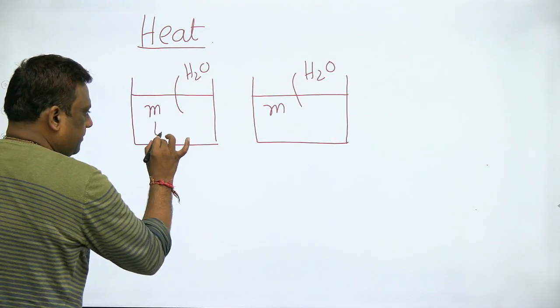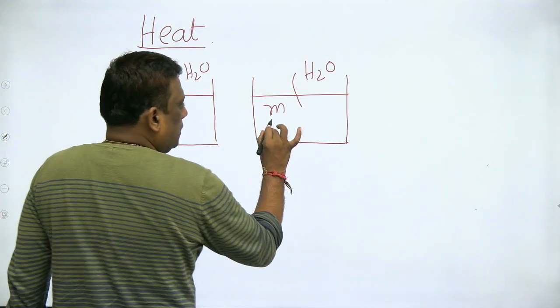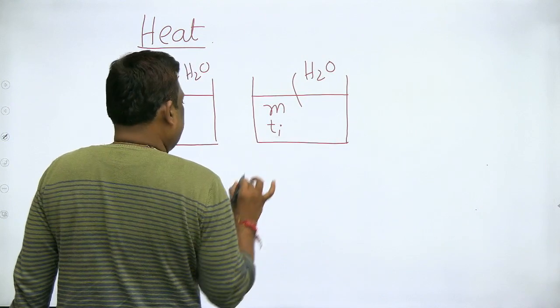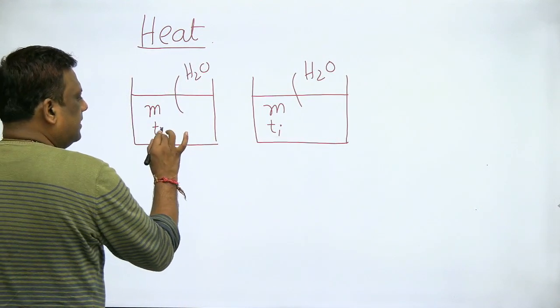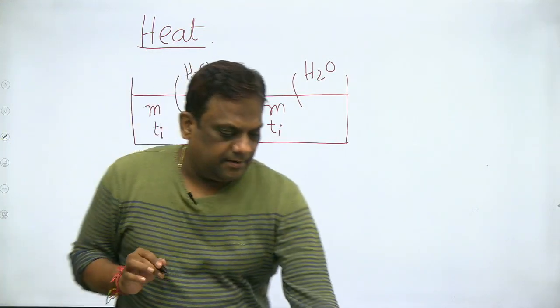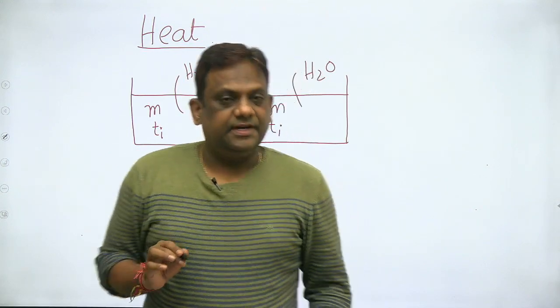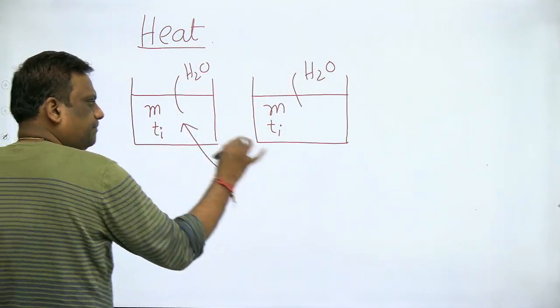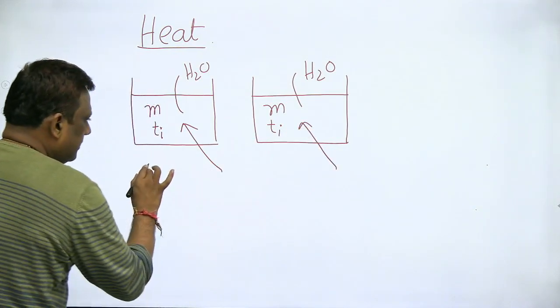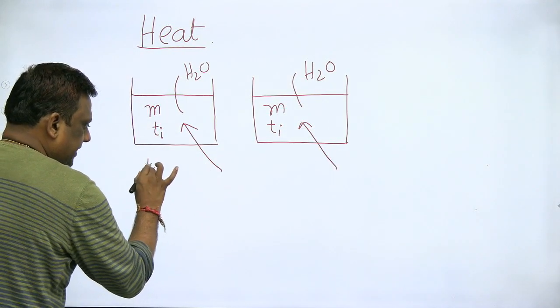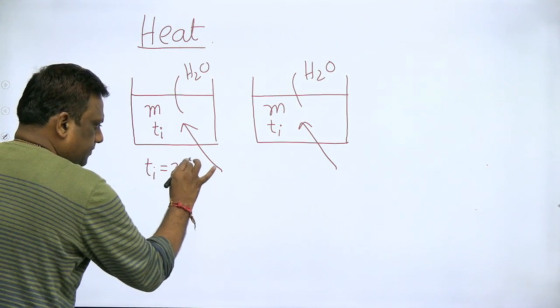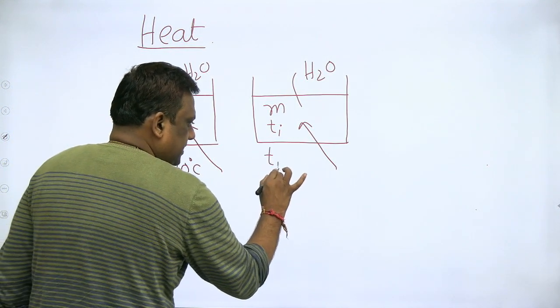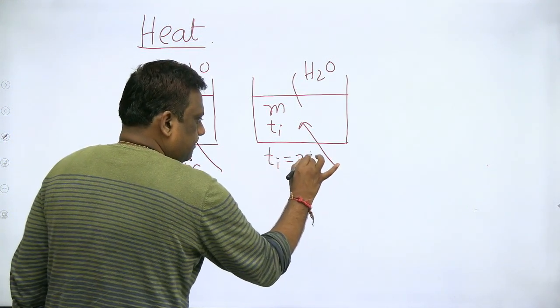Let the initial temperature be Ti. Here also the initial temperature is Ti. Let it be some 20 degrees centigrade, just for example. Supply heat. Here also the initial temperature is 20 degrees centigrade.